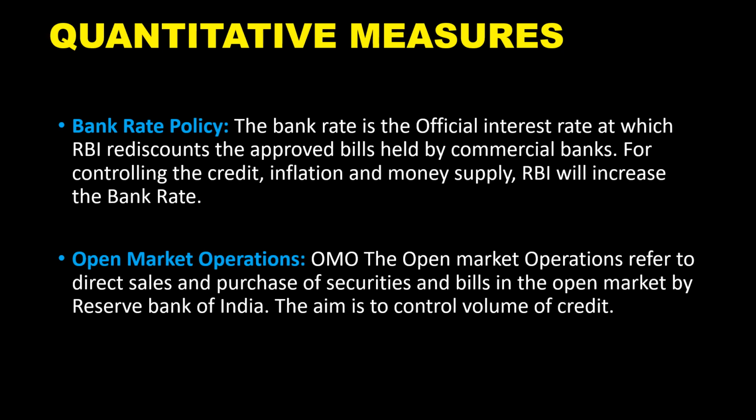Reverse repo means opposite. Commercial banks deposited some money into the RBI. For those deposits, RBI will pay some interest. Understand this concept. Okay. For example, if you are taking a loan from a commercial bank, you have to pay interest to the bank. Correct. Sometimes if you are depositing your money into the bank, it may be a savings account or fixed deposit, the bank will pay interest to you.